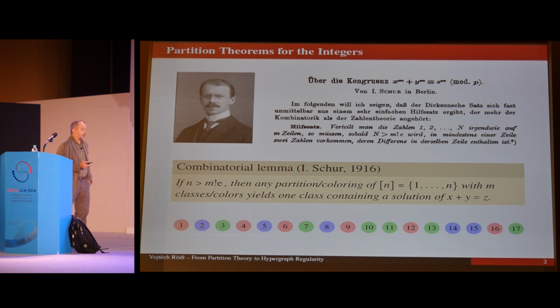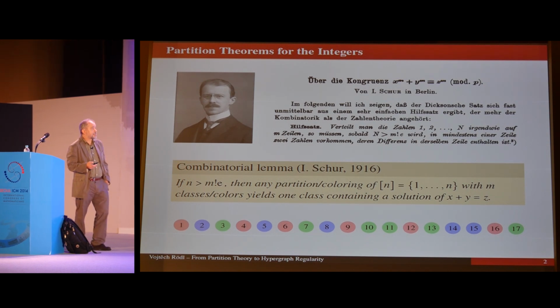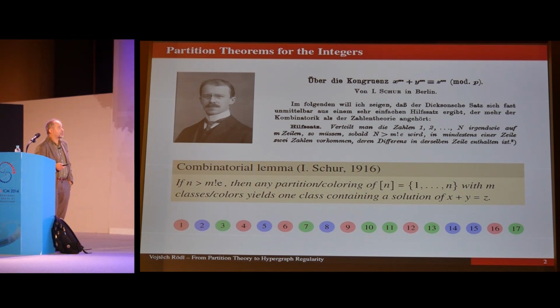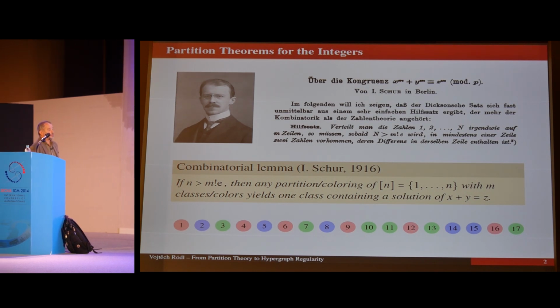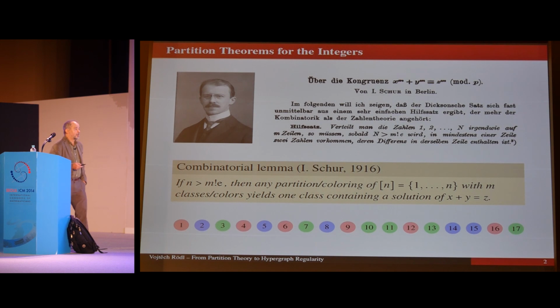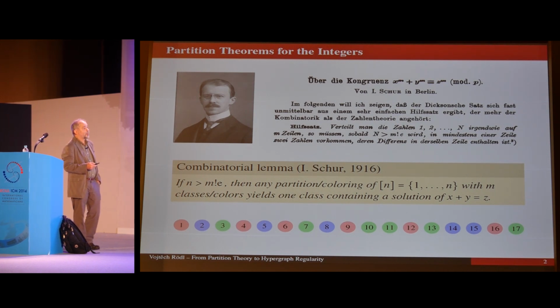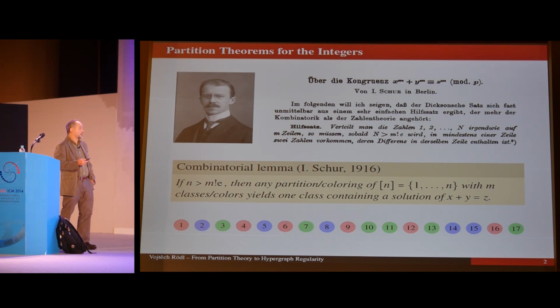the following combinatorial lemma. The lemma states that if m is an integer and n is bigger than m factorial times e, then any partition of the integers between 1 and n into m classes, which we will refer to as colors, yields one class containing a solution of the equation x plus y equals z.